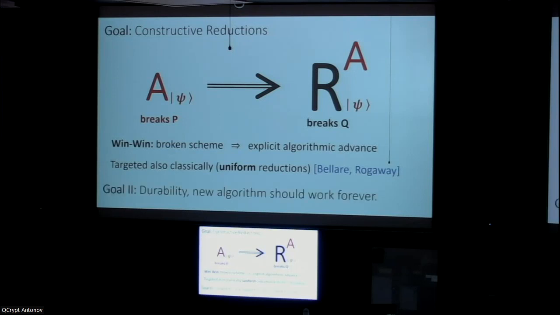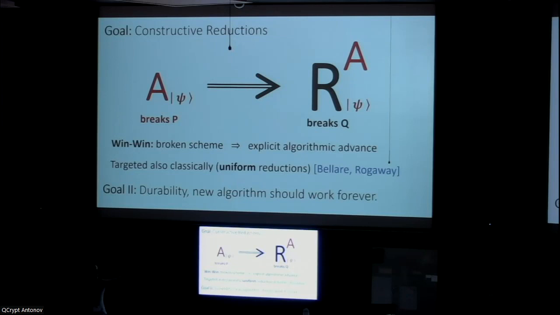Another goal is durability. This is again something that in classical crypto you get for free. What I mean is, the reduction breaks an assumption Q. Let's say it breaks a one-way function. Ideally, we want to say that you can use the reduction to invert the one-way function many times, not just once.